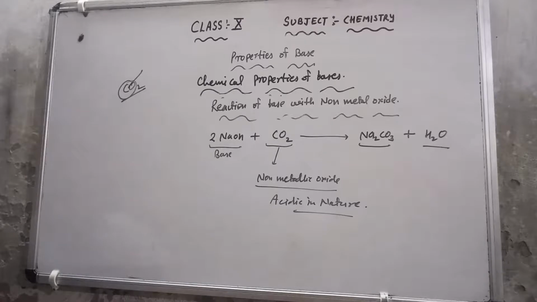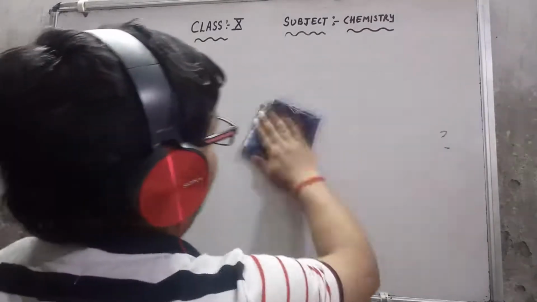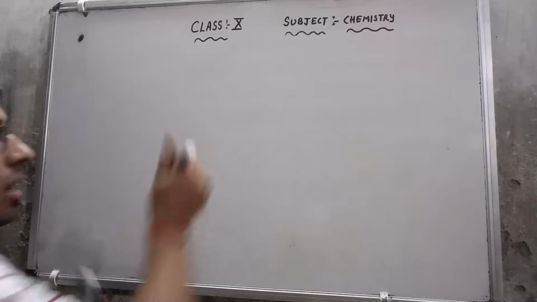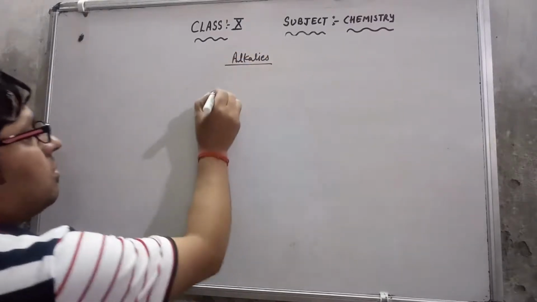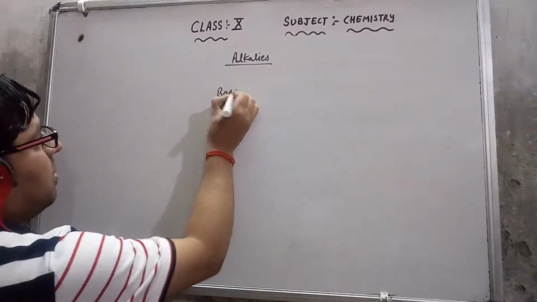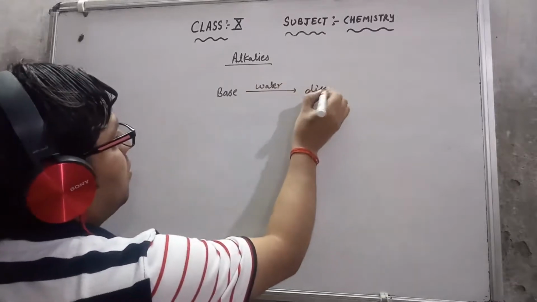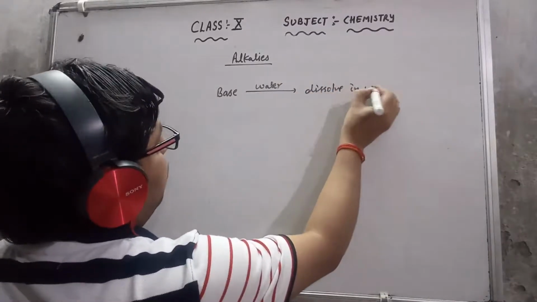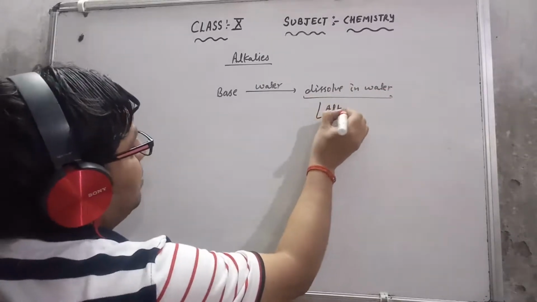Now after this I will discuss some points related to bases, like alkali. What are alkalis? Suppose I have a base and I dissolve it in water, and the base is dissolved in water, then I can say this is an alkali.